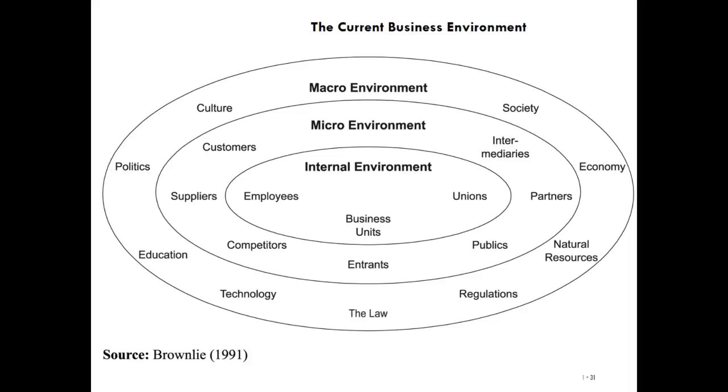The macro environment involves the laws, the regulations, the politics, and the culture of the economy. Although we don't feel these so directly impacting our lives, a small change, for instance, in the GDP, is not something that we directly feel immediately. It is something that overall affects our quality of life.